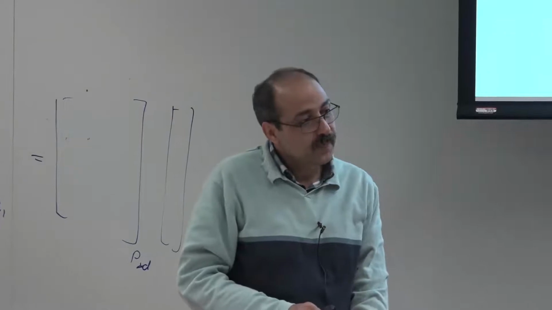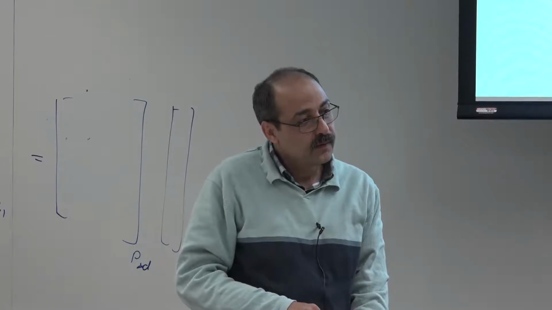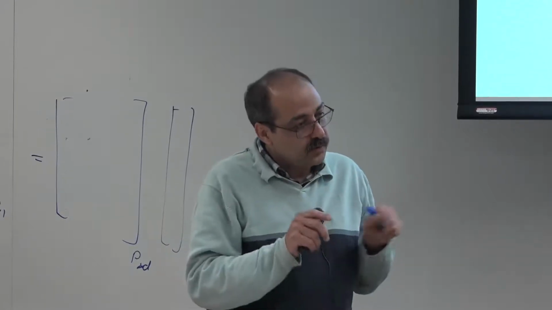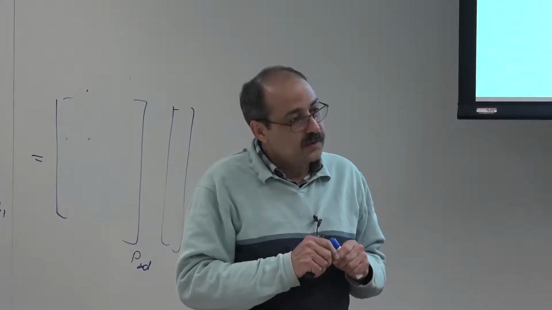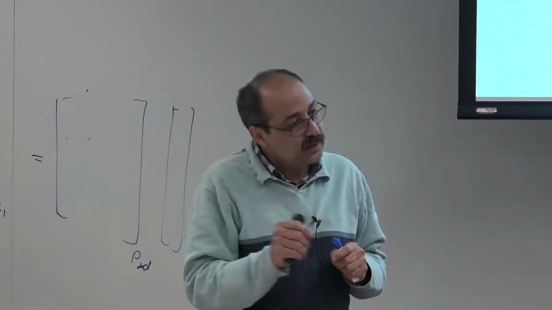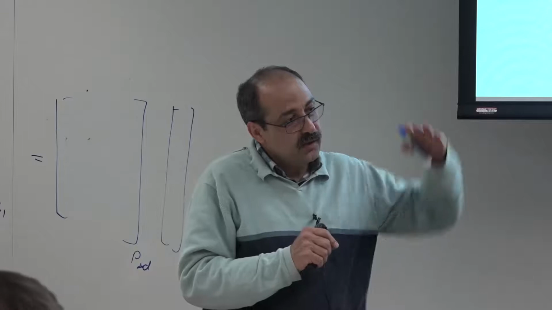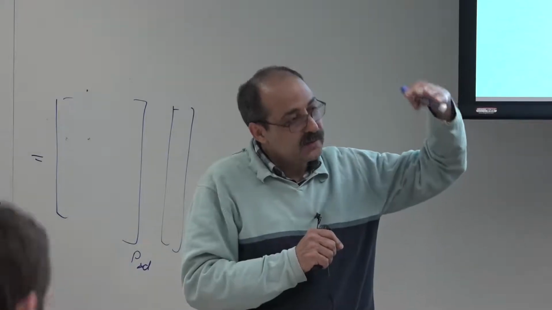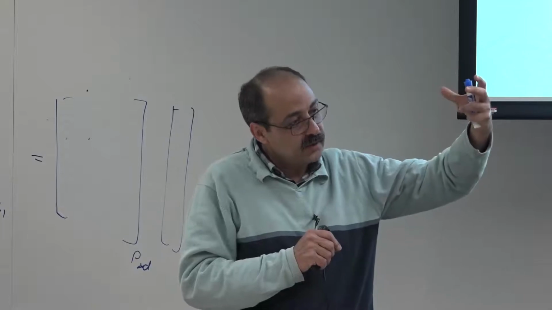Yes? Just for my clarification, why does PCA preserve the distance between the data points from the higher dimensional space to the lower one? Because that's the solution of the optimization problem that we solve. Basically, you can derive PCA in many different ways. You can derive PCA in terms of maximum variation. You can derive PCA in terms of the best reconstruction. You can derive PCA in terms of preserving distance.